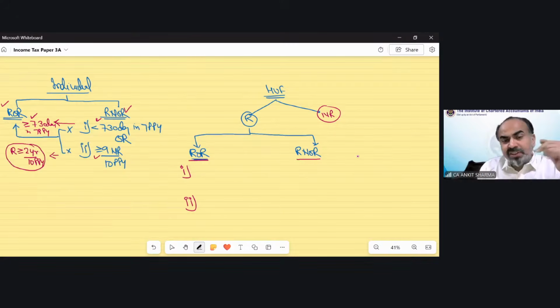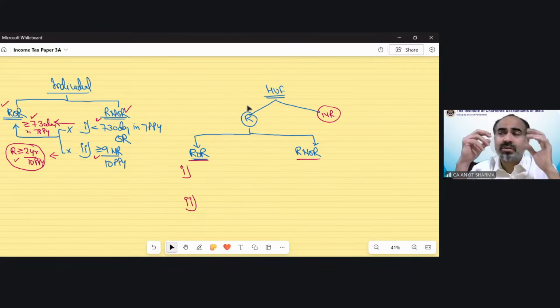So this condition will not satisfy if I write it down like this. If somebody is a 2-year resident or more, then that would be a resident and ordinary resident case. Then this condition is not satisfied. I can write it down like this also. So we are not seeing anything new. It's just the reverse condition.